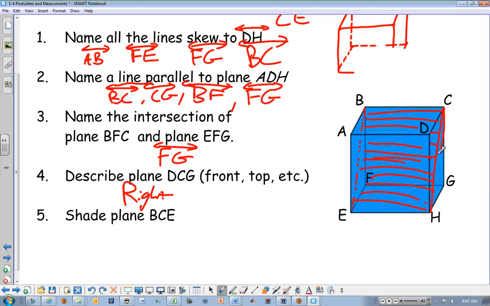Real quickly on the back of that handout, let's look at Elemental Euclid.